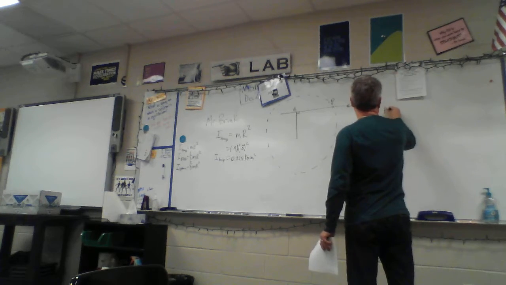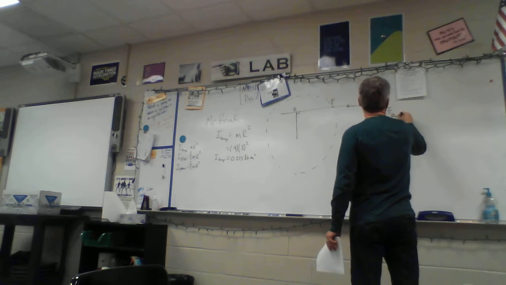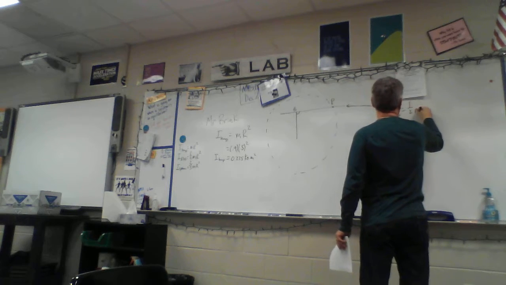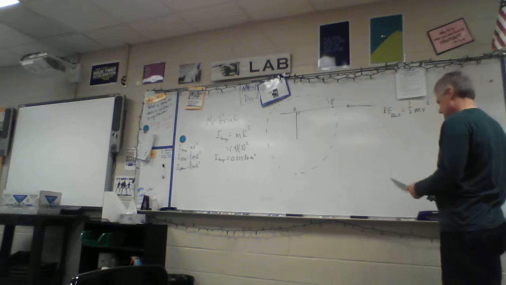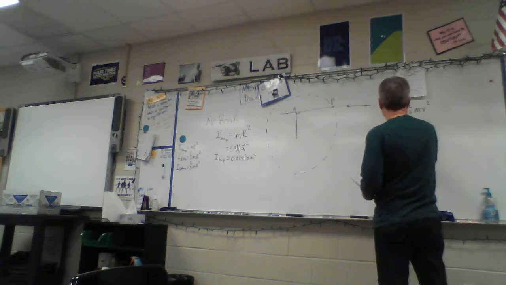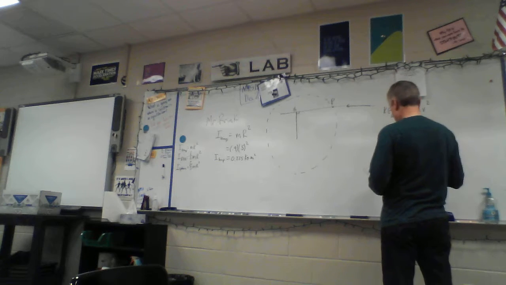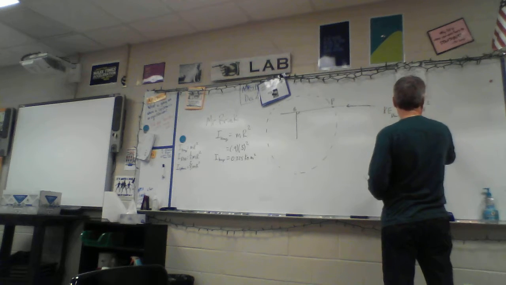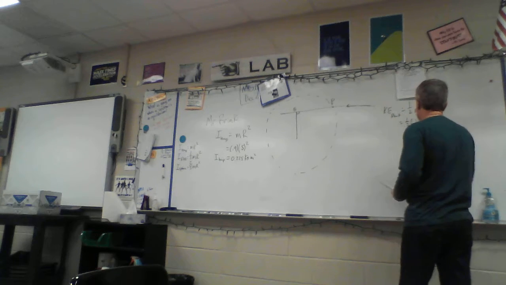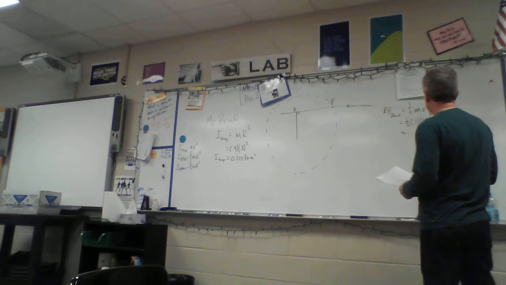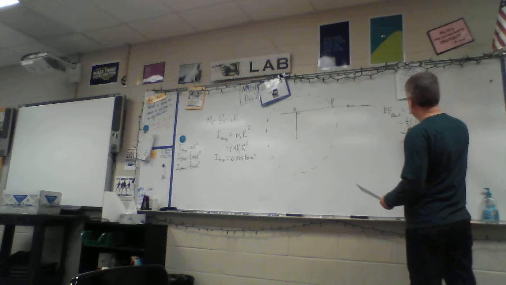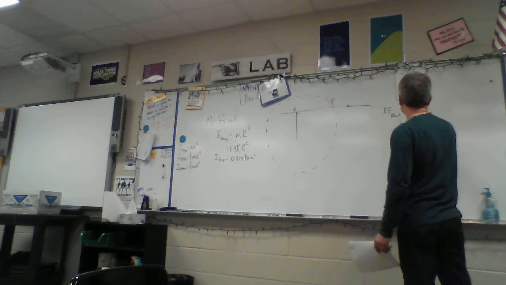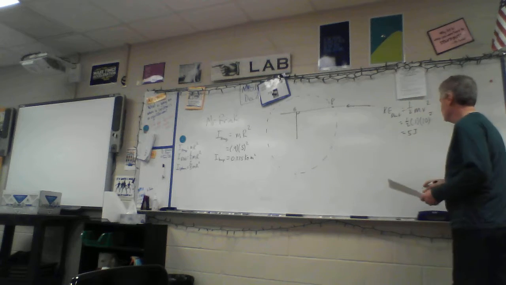So the kinetic energy of the dart is 1/2 mv squared, and I'm using that because I know its mass and velocity. So it's 1/2, the mass of the dart was 0.1, its velocity was 10 meters per second. So that's 50 times 0.1, which is 5 joules of energy to begin with.